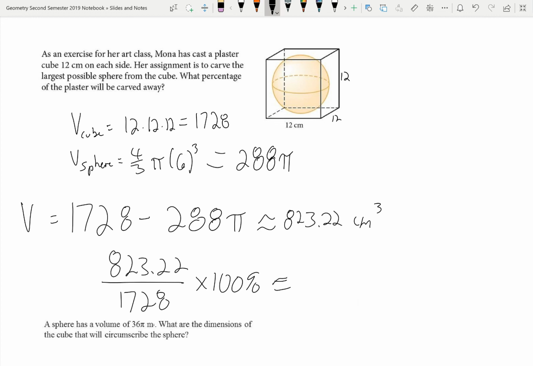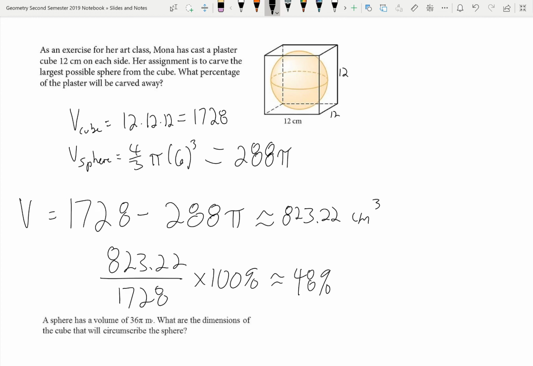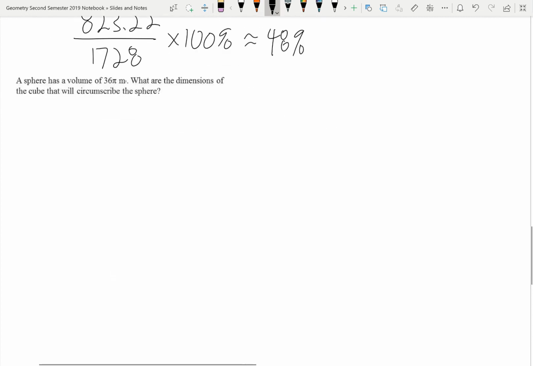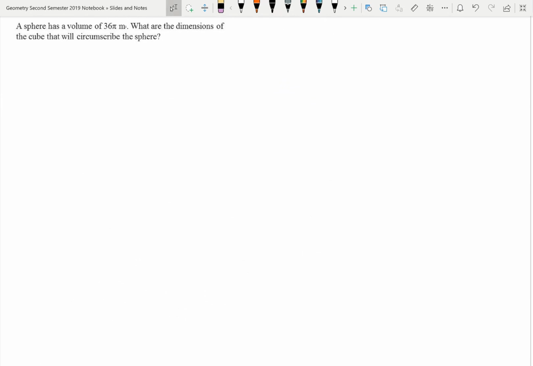That's going to be approximately equal to 48%. You get about 47.6, so you round it up to 48. Okay, that is the third one. Now for the fourth problem.